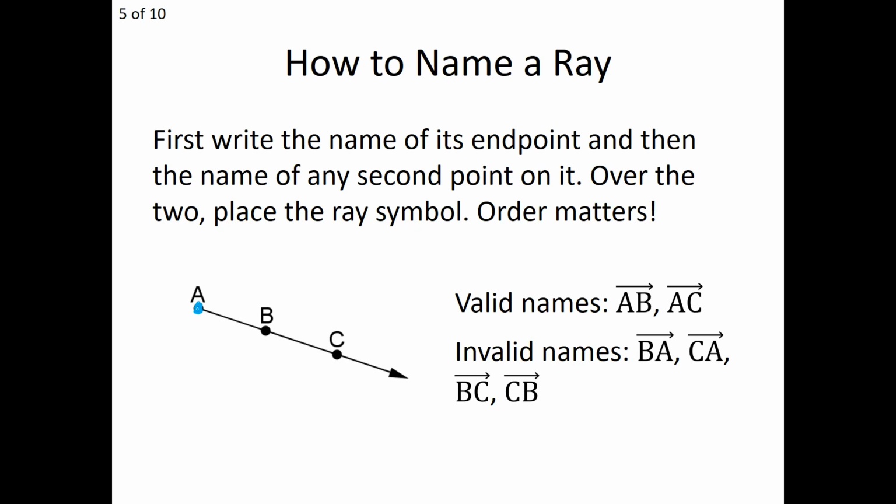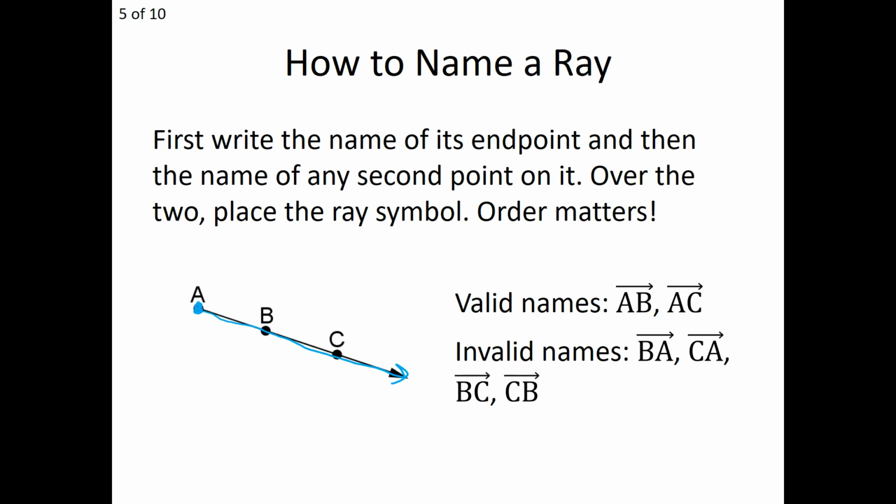So we can choose either point B or point C. So we have two valid names: ray AB or ray AC. Both of those names describe the same figure. So order does matter. I can't put B or C in front, because I'm starting where my endpoint A is and going in the direction of my ray.